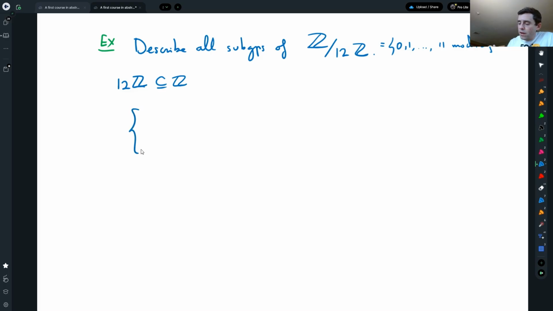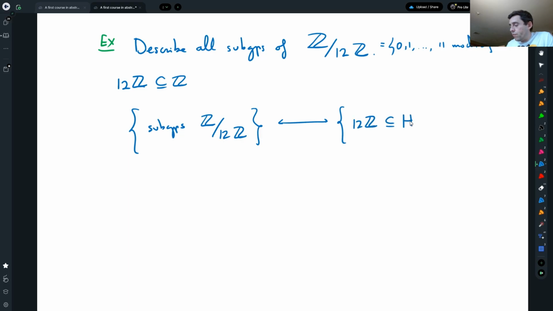So what the correspondence theorem tells me is that the subgroups of Z modulo 12Z are in correspondence with subgroups of the integers that contain 12Z.